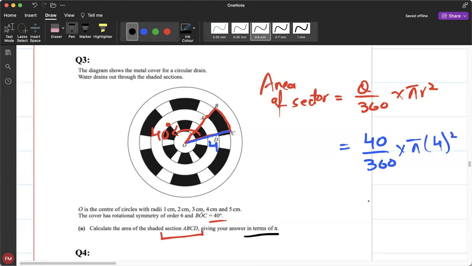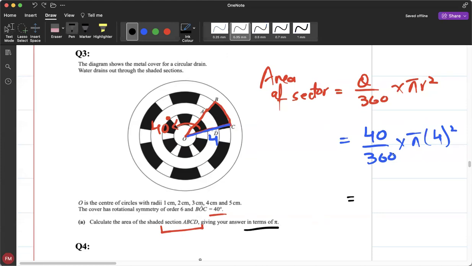It says giving your answer in terms of pi. Just a heads up, you don't need to simplify pi, but you have to simplify all these other numbers. There's one more thing that I'd like to emphasize over here, and that is this question is also a P1. And trust me, these kinds of calculations are not hard. It's just that you have to think a little more carefully.